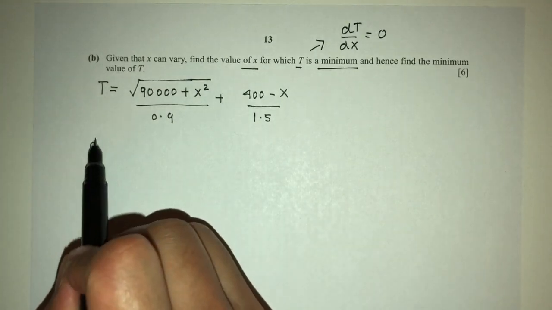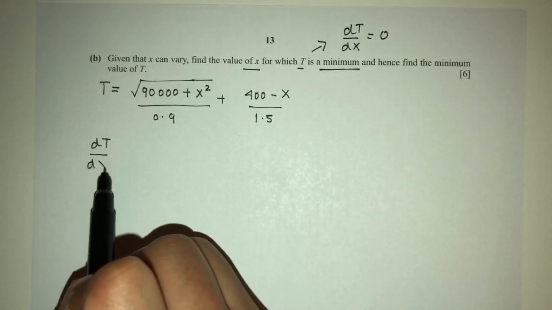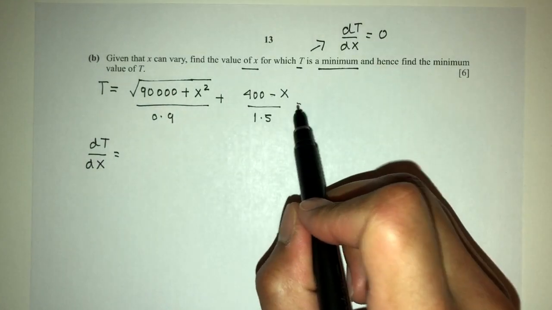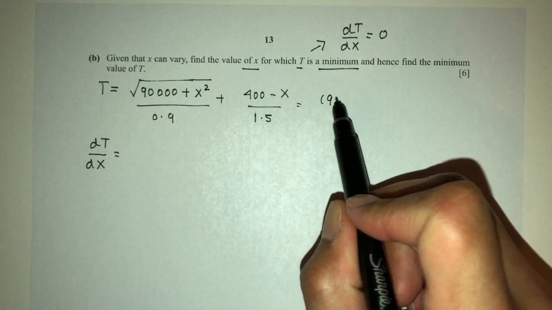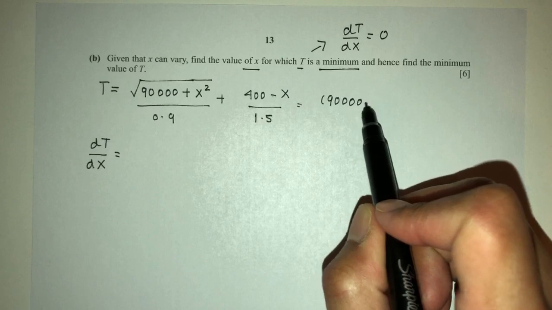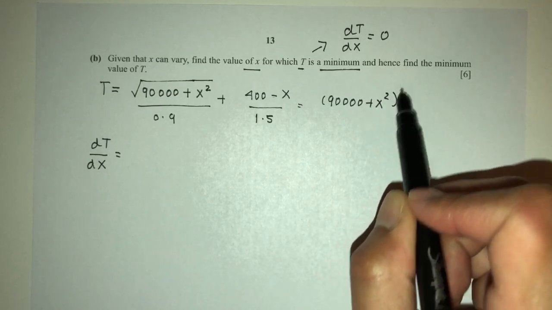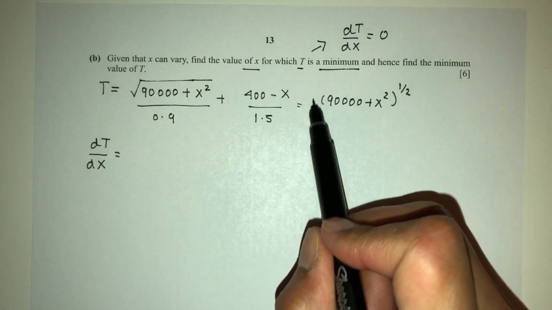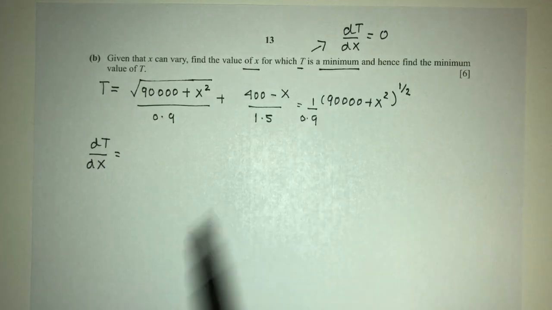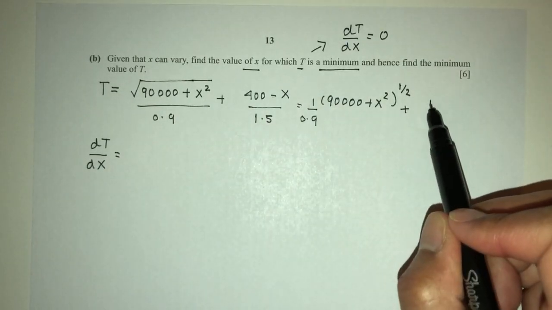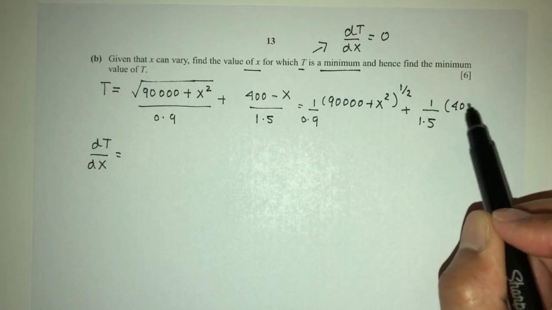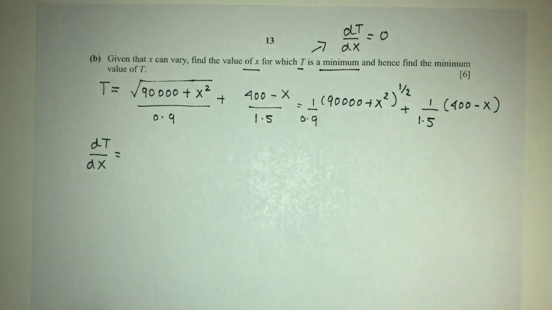So we have to find dt by dx. We can simplify this to help you. What is square root? It is power of half. So let's write this in power of half. Now we can put 1 over 0.9 in front as a multiple. Same thing here, let's put 1 divided by 1.5 in front, multiplied by 400 minus x.